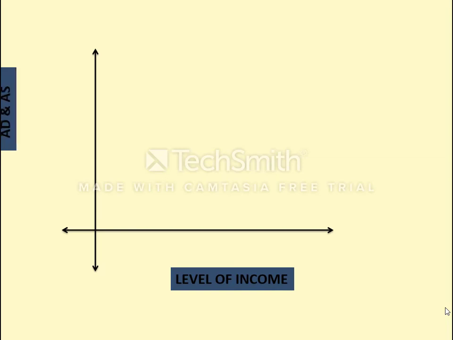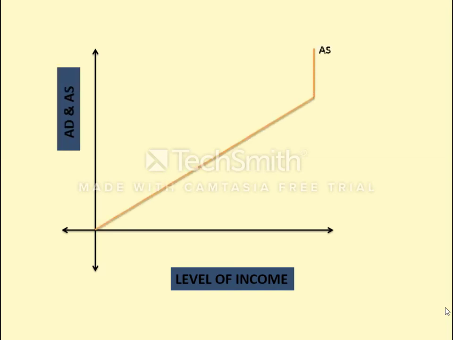We will just bring together the aggregate supply line and the two sector simple economy aggregate demand curve, and thus we get equilibrium at point E1 where aggregate demand intersects aggregate supply, and we get equilibrium level of income, that is Y1. Thus at point E1, AD is equal to AS.